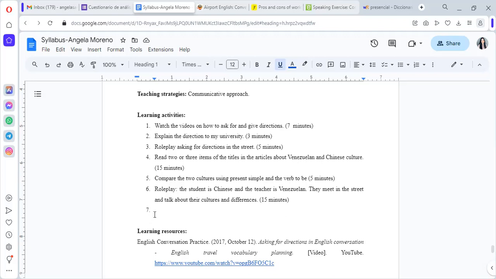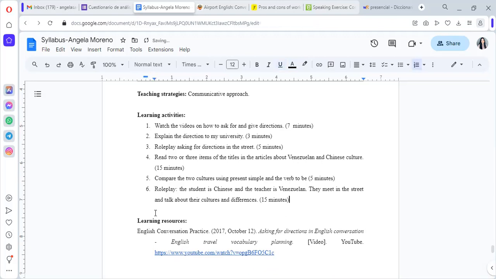And finally, the class will end with a role play in which the student is Chinese and the teacher is Venezuelan, and they meet in the street and talk about their culture and differences.